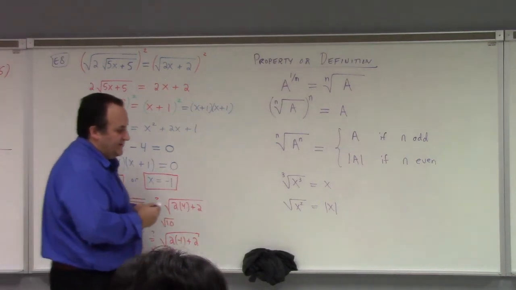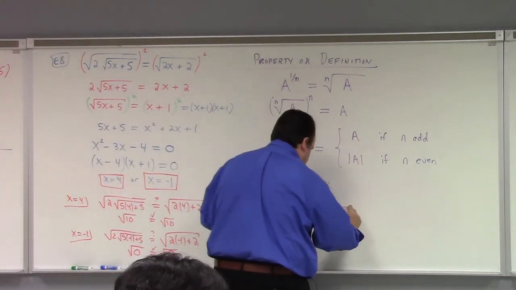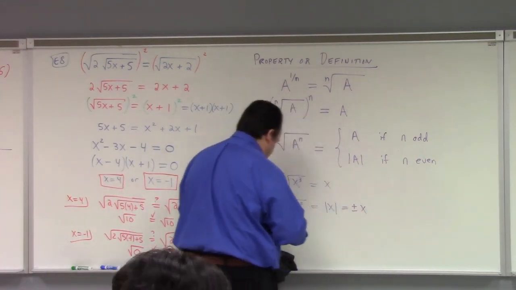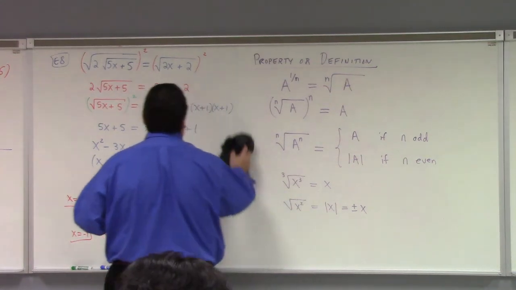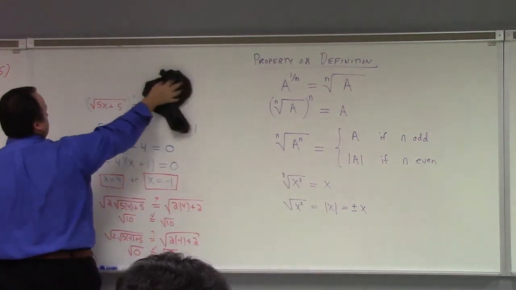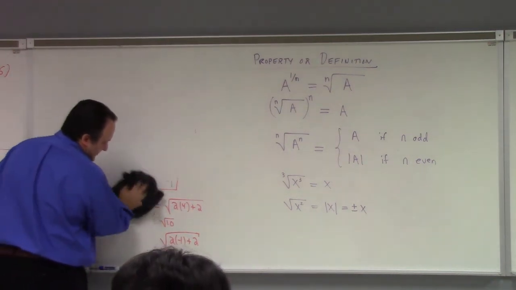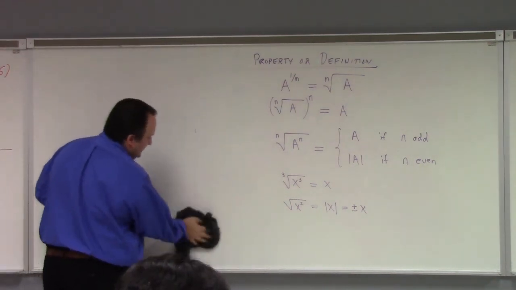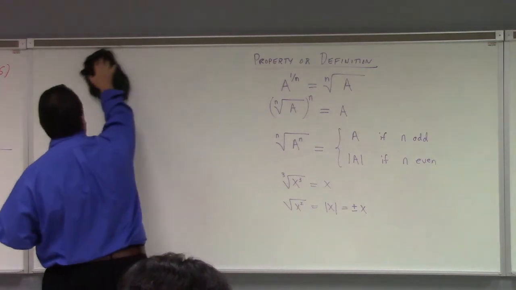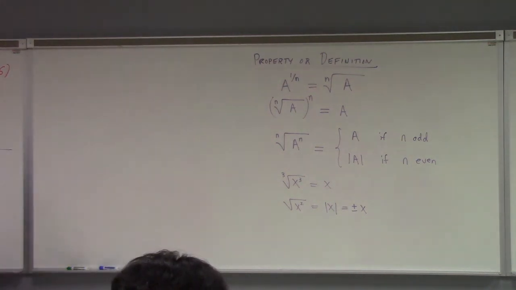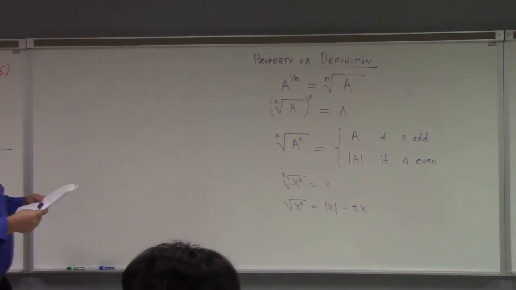See, because the absolute value of x is plus or minus x, depending on whether x is positive or negative, yeah? So there you go, just a reminder about exponential versus radical notation, right? And you know, there are laws of exponents and so forth we could talk about, but let us move along here.